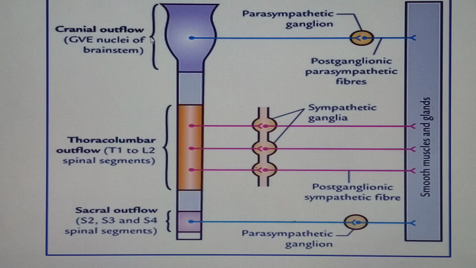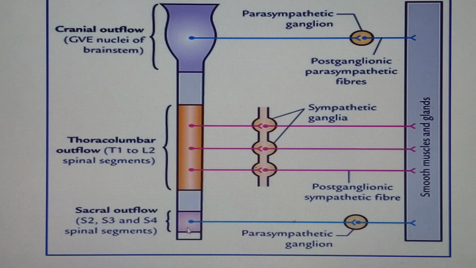If we are looking at parasympathetic, then you know that the preganglionic neuron will be longer compared to the postganglionic neuron. So you can see that it relays near the viscera, or the smooth muscle or gland it is going to, so the postganglionic nerve fibers will be near it.